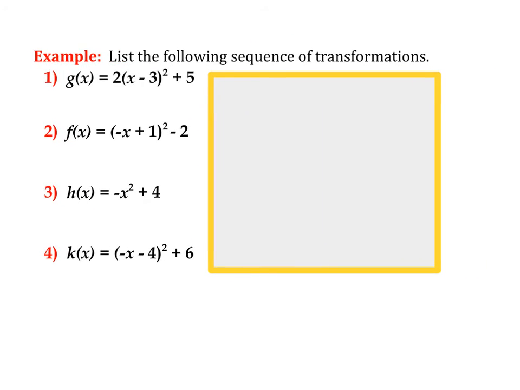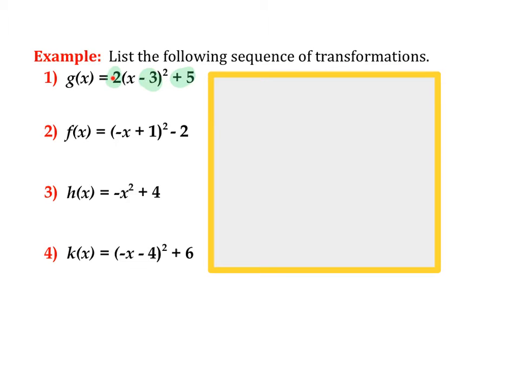All right. So here we have some examples. We want to figure out the transformations that are taking place. Now when I do this, I'm keying in on any number that is being thrown into my function. Just by looking at this first function, I can already tell you it's going to be a parabola because I'm seeing this x squared. This 2 out front, that's being multiplied. So that's going to be either a stretch or a compression.